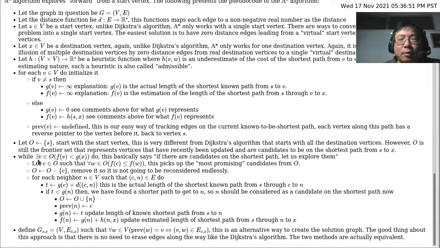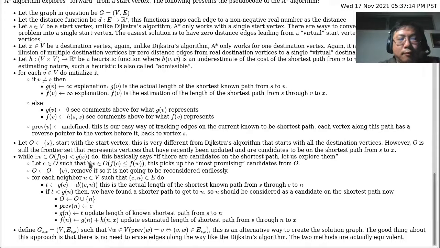So let's find out what is the condition to stay in the loop. In order to stay in the loop, this is the condition. There exists v, lowercase v, which is an element of the set O, such that f of v is less than g of x. Okay, so let's think about all of these terms first.